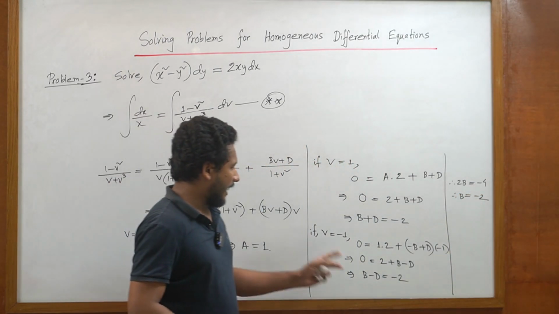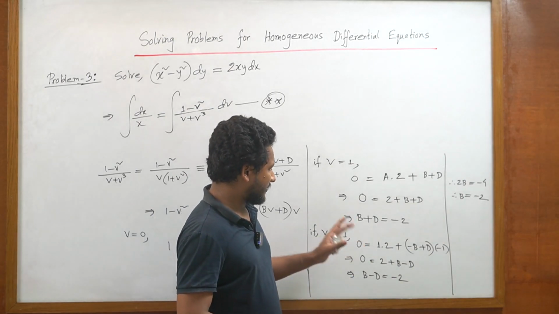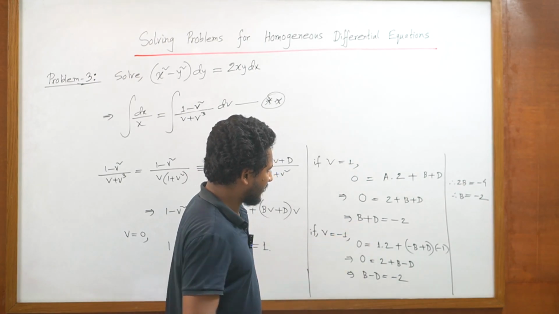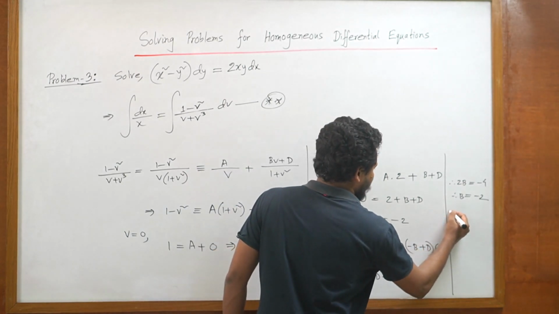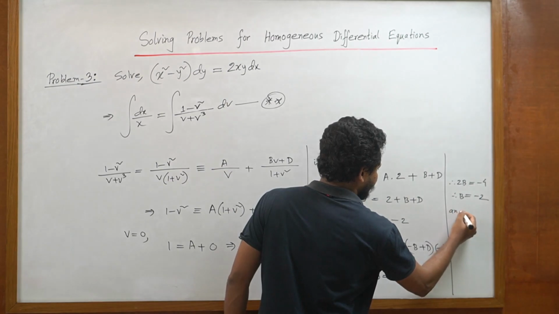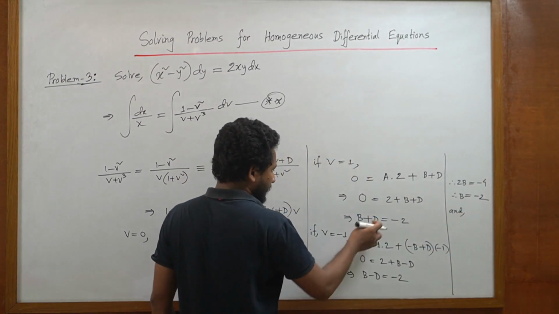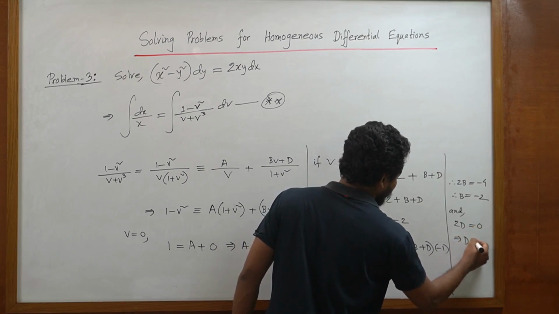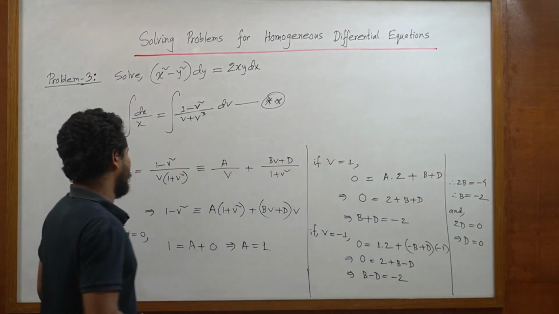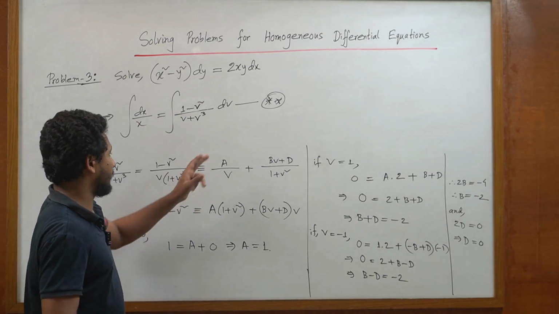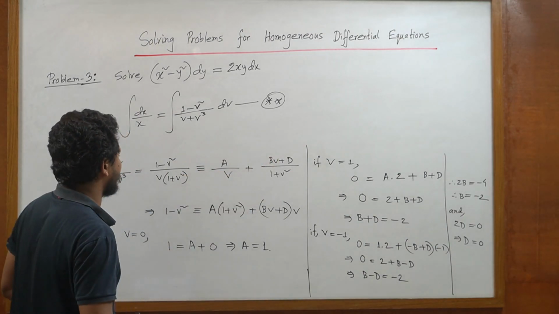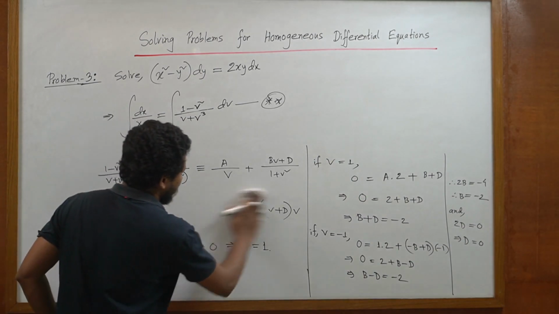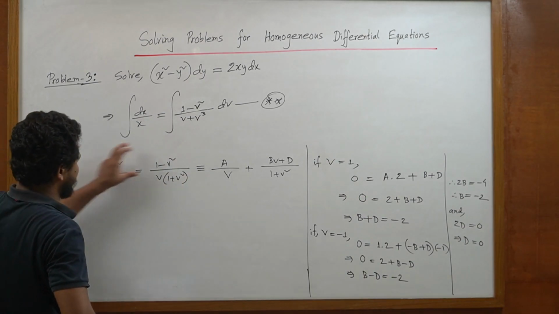And if we subtract b minus d from b plus d, then we will get 2d equals 0, so d equals 0. So we got the values of a, b and d.